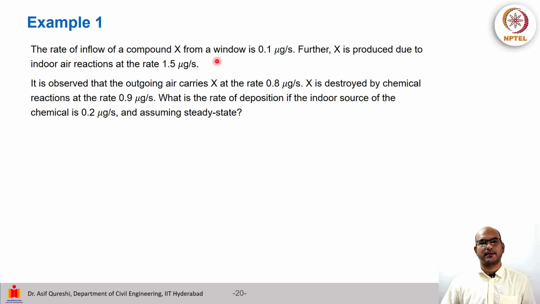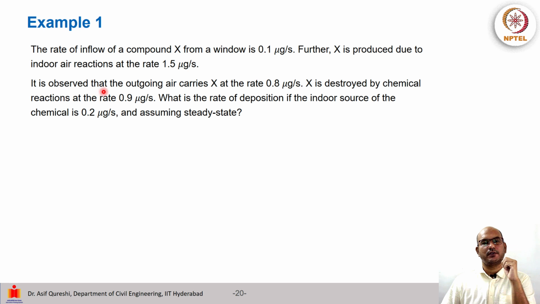We will look at some examples now. So we have an indoor environment where the rate of inflow of a compound from a window is 0.1 microgram per second. Further, X is produced due to indoor air reactions at the rate 1.5 microgram per second. So this is like a production term.